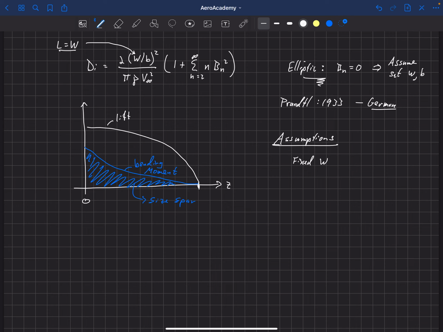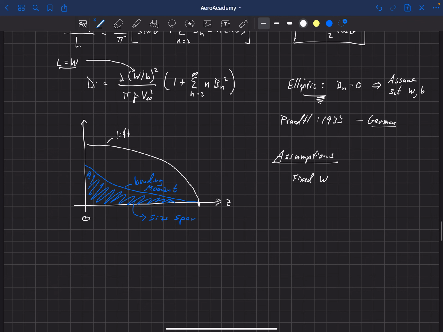All right. So this W right here, he held that constant. But then he allowed the span to vary. Okay. So vary B, which is the span. And then he said that we need to fix the moment of inertia of lift.